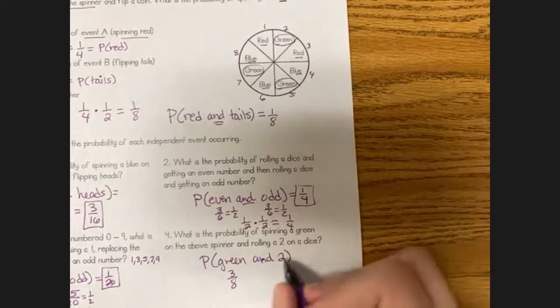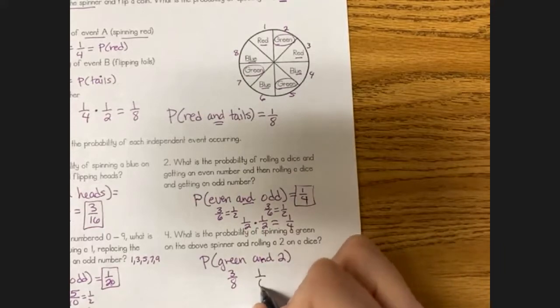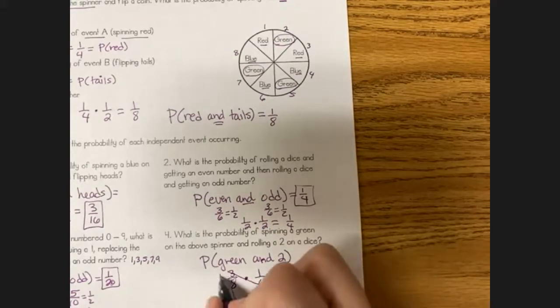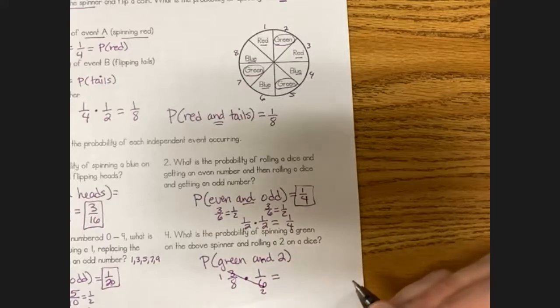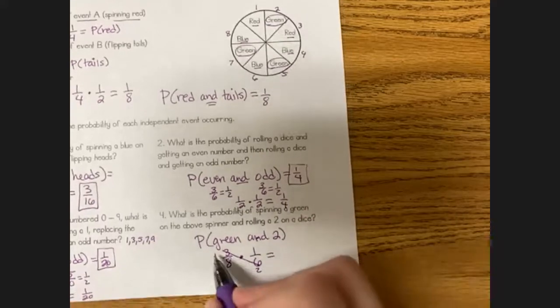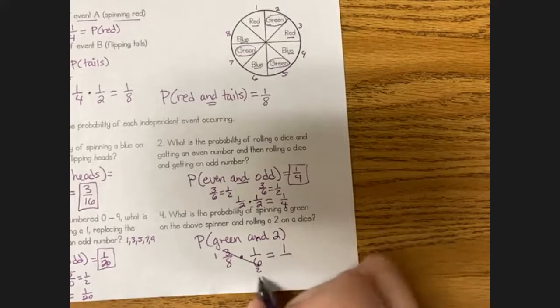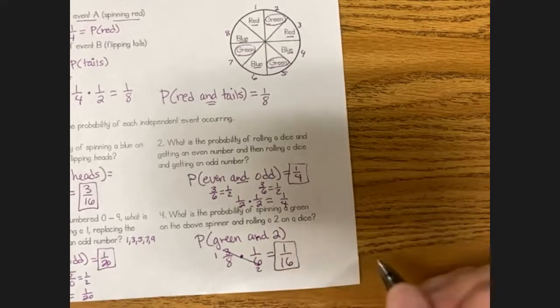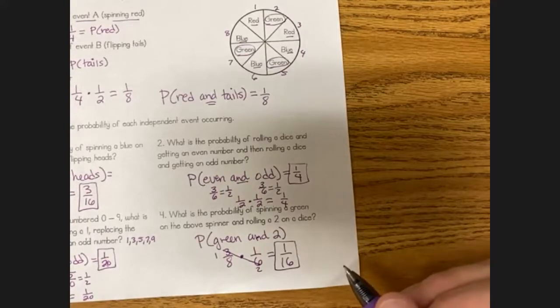And the probability of rolling a 2 is 1 side out of 6. I multiply the two to get my answer. Here is where I can do a little bit of cross canceling and reduce that to 1 and 2. Then top times top is 1, bottom times bottom is 16. So I have a 1 in 16 chance of getting a green and then a 2.